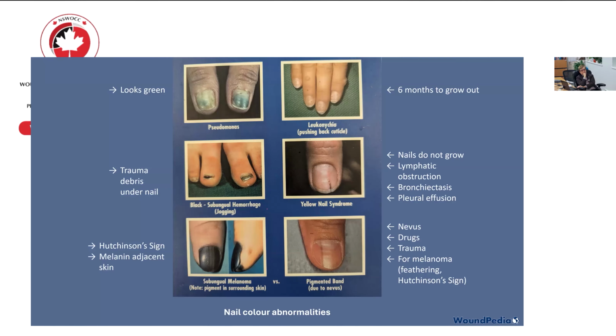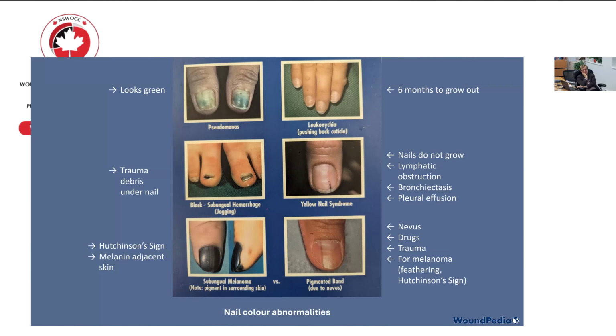And if it's every 2 weeks, you might see fewer. And leukonychia, or the second one is yellow nail syndrome. And in yellow nail syndrome, the nails stop growing. And it's more associated with lymphedema and bronchiectasis and pleural effusion, lymphatic obstruction with the lymphedema. And the nails don't grow.